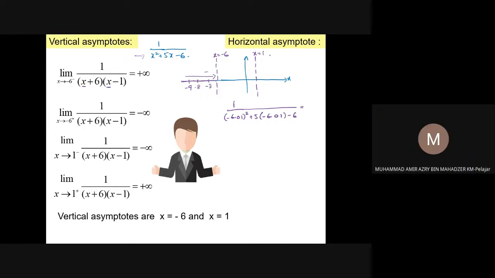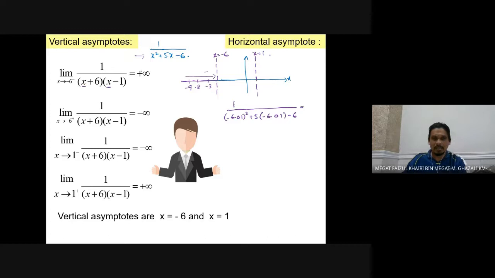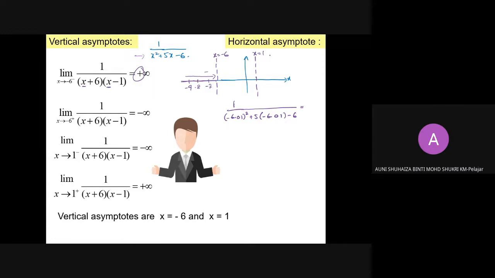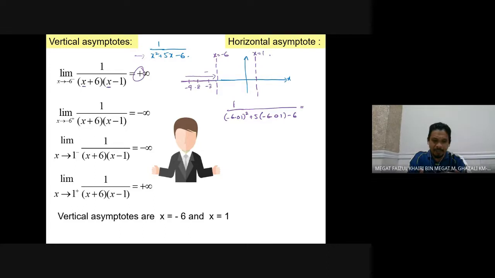Okay, the sign here is positive. Just to see whether it's positive or negative. Saya dapat positif, sir. Positif berapa? 14.27. Okay, wait.